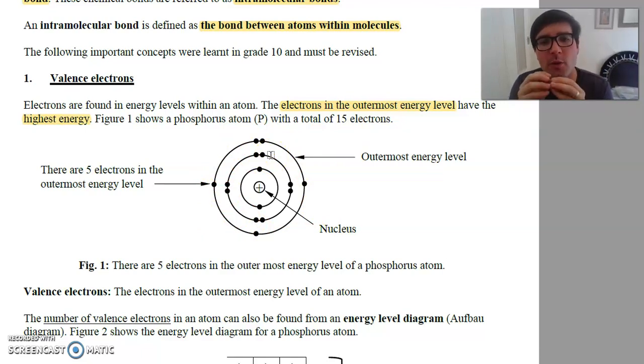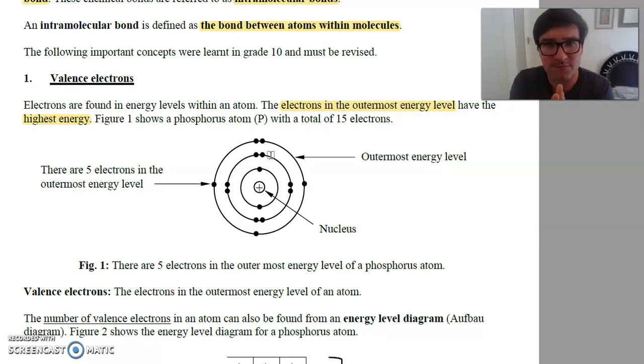Now I want to remind you of the following. Phosphorus is found in period 3. It has electrons up until energy level 3. It's found in group 15 of the periodic table. In old days, we had Roman numerals and we would say it's 5A.